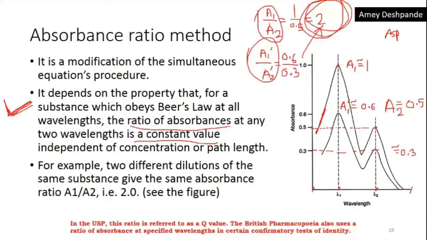See, the constant value over here is 2. It is a constant value independent of concentration or path length.